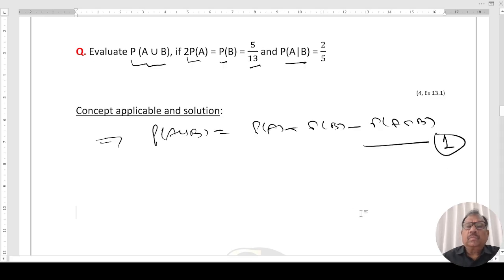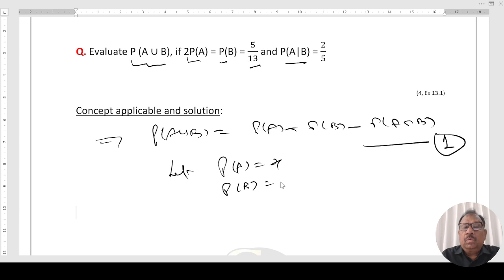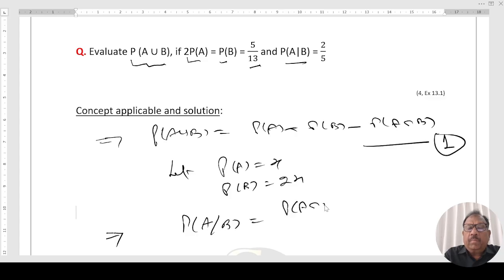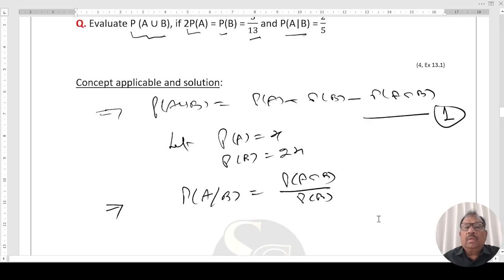Now, let P(A) equal to x, P(B) will be equal to 2x. Then P(A|B) equal to P(A intersection B) upon P(B). P(B) is given, 2x. P(A|B) is given as 2 by 5.